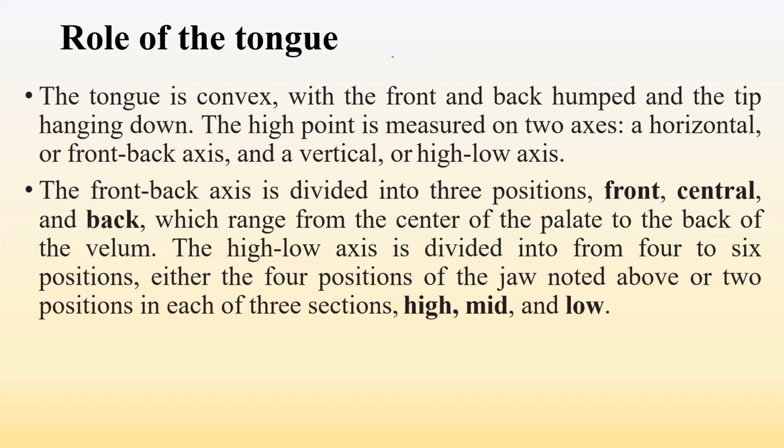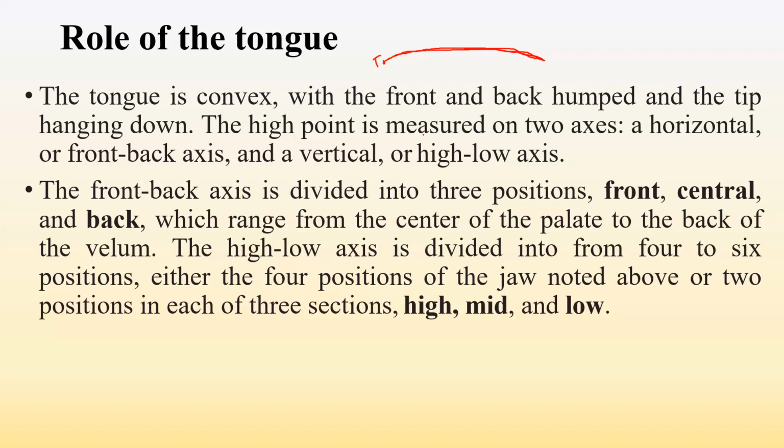So we can't always fix the shape of the tongue, because it's the tongue, no? It can have different shapes at different times. Then this is the tip area, tip of the tongue.